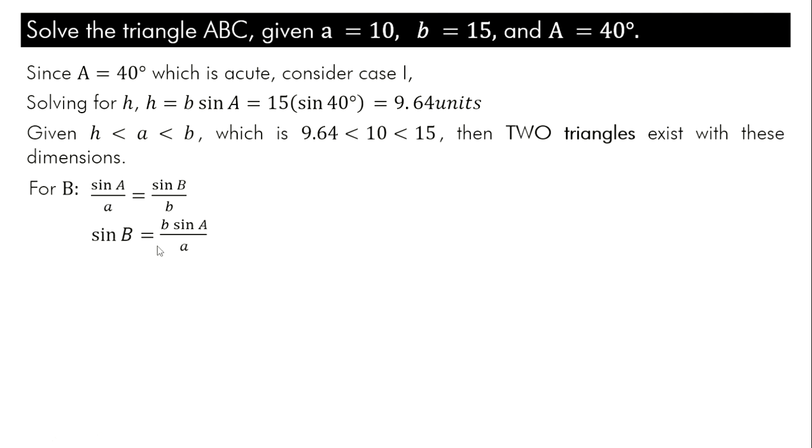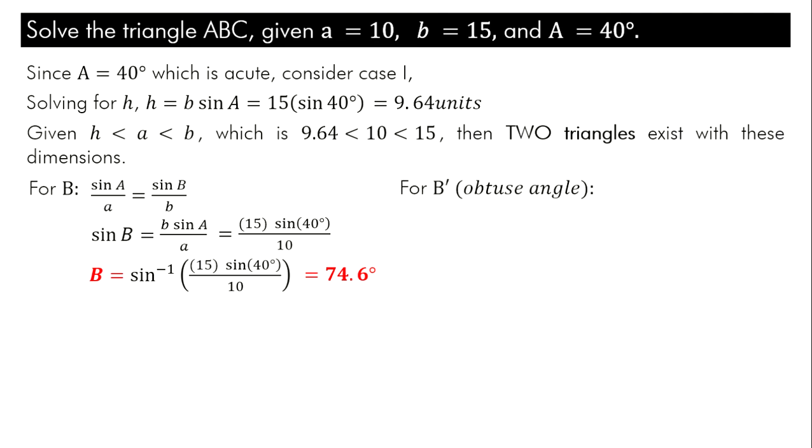As we substitute the given, 15 sine 40 degrees all over 10, we'll use again the inverse to identify the angle B. So angle B here is sine inverse of 15 sine 40 degrees all over 10. If you calculate that, the result is 74.6 degrees.